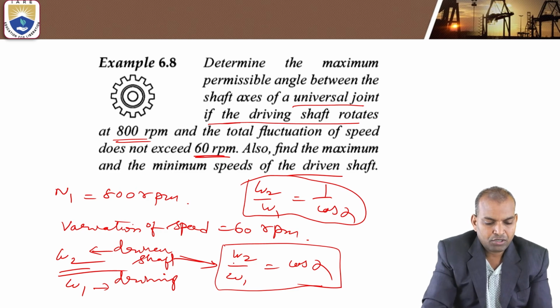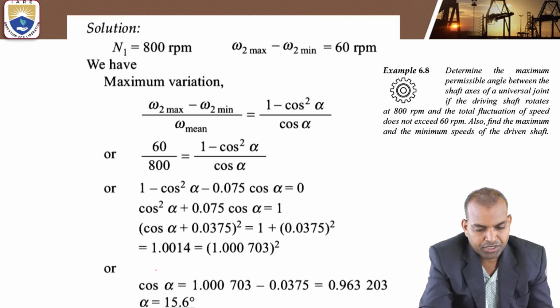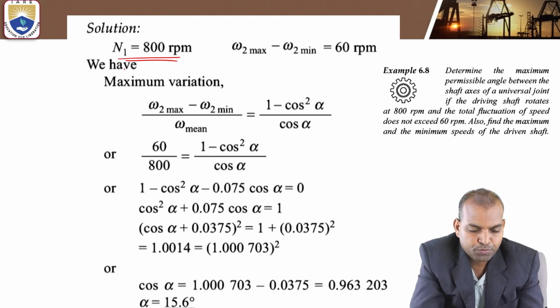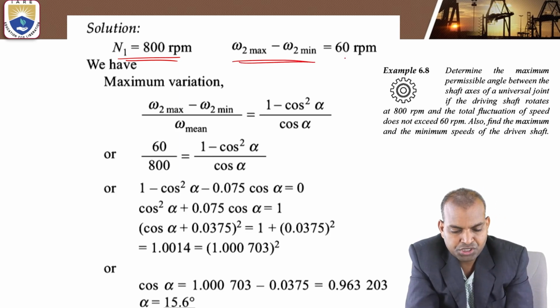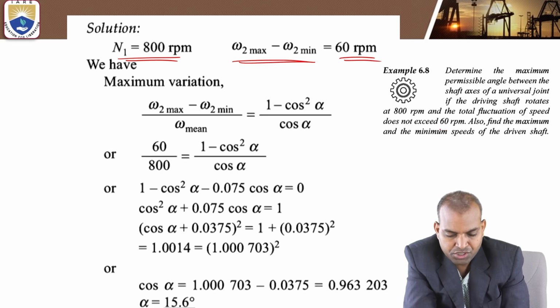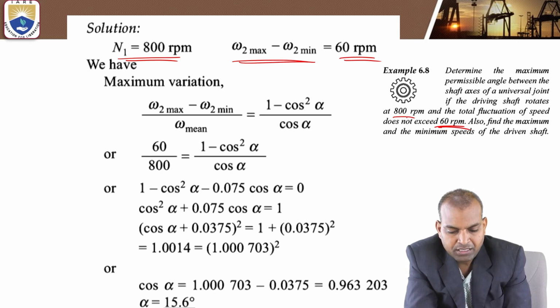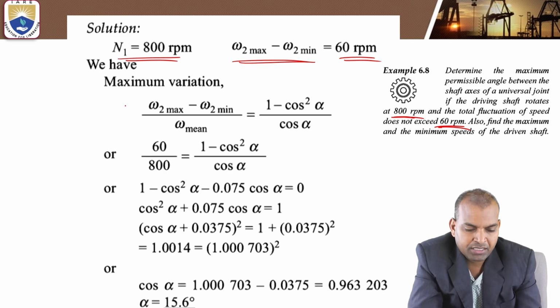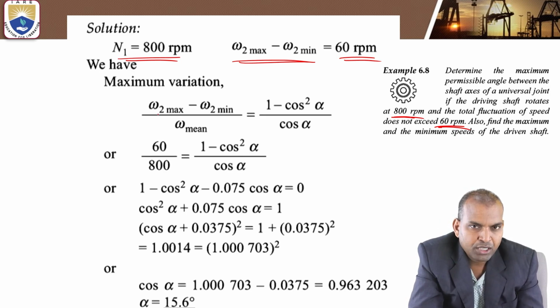Alright, let us see how to solve. This is the equation. N1 equal to 800 rpm, that is the driving shaft speed. Variation 60 rpm, that is 60 revolutions per minute. This is 800 revolutions per minute. The maximum variation is omega 2 maximum minus omega 2 minimum by omega mean.